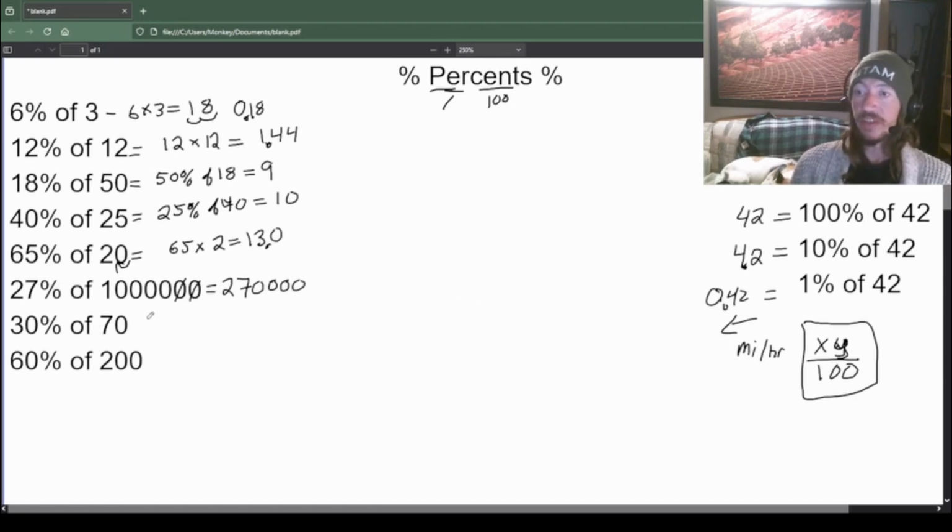Now sometimes we might want to move those decimals separately. This works really well for something like 30% of 70, which again is a little hard for me to think of in my head until I just move each of these decimals once there, once there. Now all I have to calculate is 3 times 7. And I know that. That's 21.